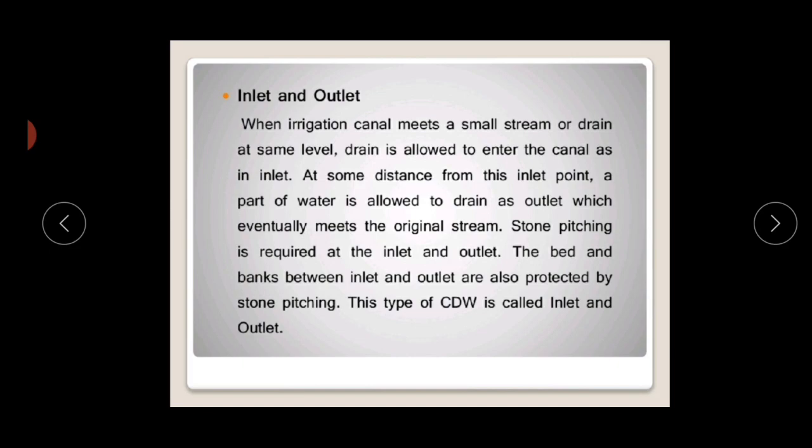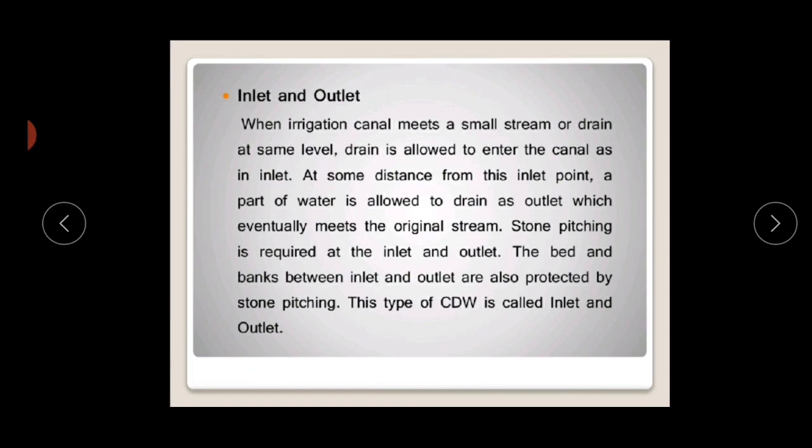So here an inlet is a structure constructed in order to allow the drainage water to enter the canal and get mixed with the canal water, and thus to help in augmenting canal supplies.